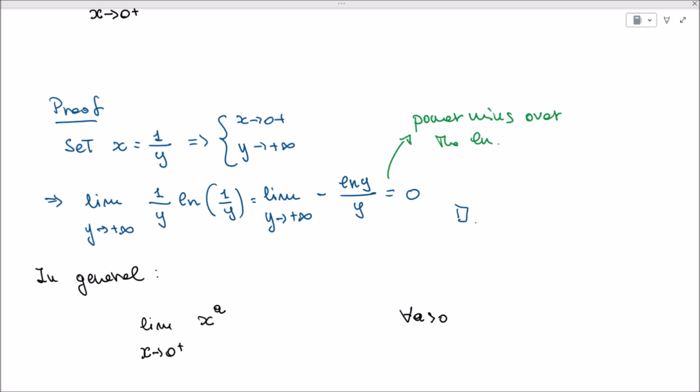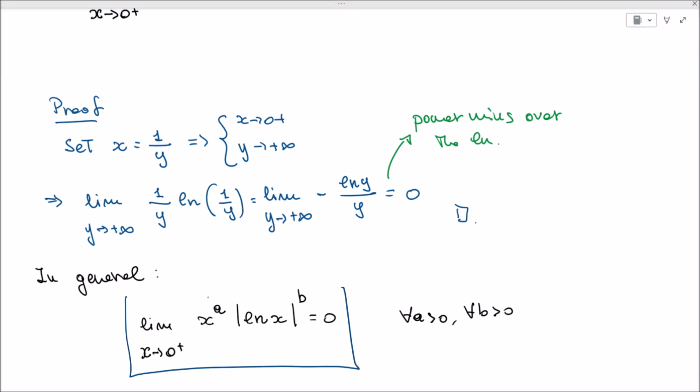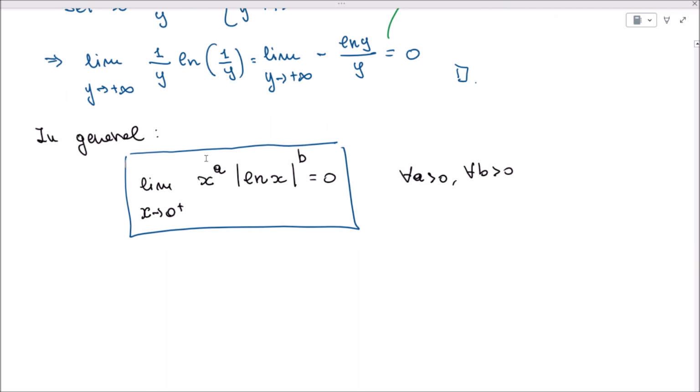So any power of x multiplied by the logarithm of x, and we take now the absolute value and we raise this to b, and this is true for every b larger than 0, we can say that this is true in general. So this is equal to 0 in general. And of course this is just a consequence of the previous proof, when we saw that by that change of variable we ended up with a ratio of a logarithm with a power. So it is clear now how to prove this.